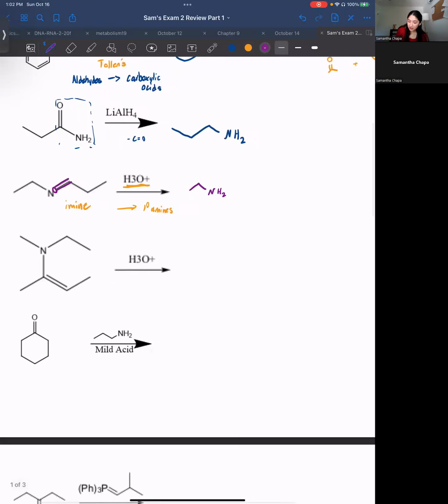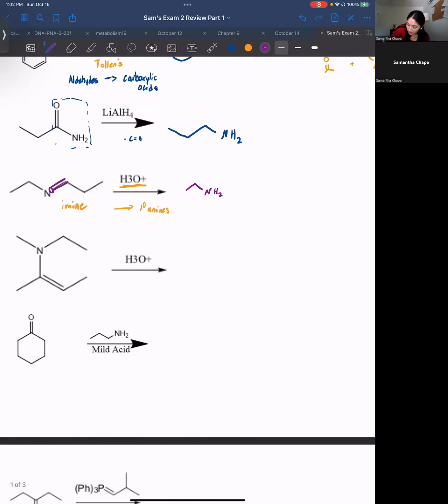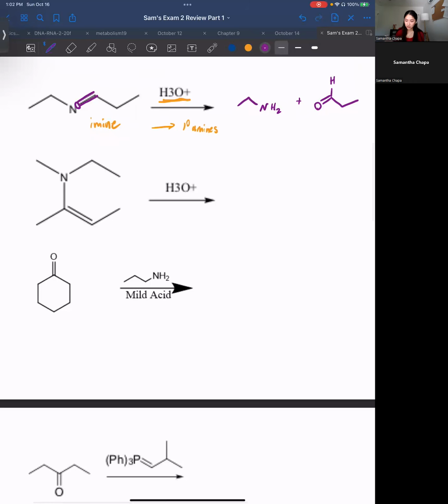And then the carbonyl group that's going to be there is looking like this. There you go. I'm just going to add a hydrogen here, just because I think it looks prettier. So those are the two components that would make up your imine.